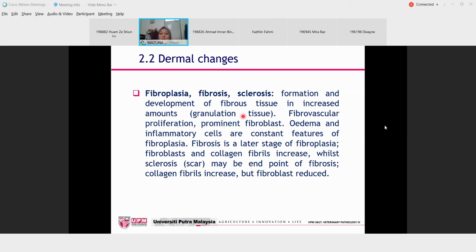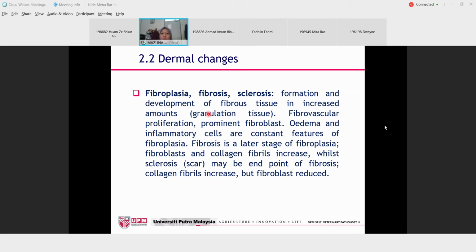So in the dermis, you know that there are fibroblasts, usually not that many, but in cases where there is injury and a need to repair the injured skin, these fibroblasts will become active. There will be more fibroblasts in the tissue to help with the production of granulation tissue and the healing process.